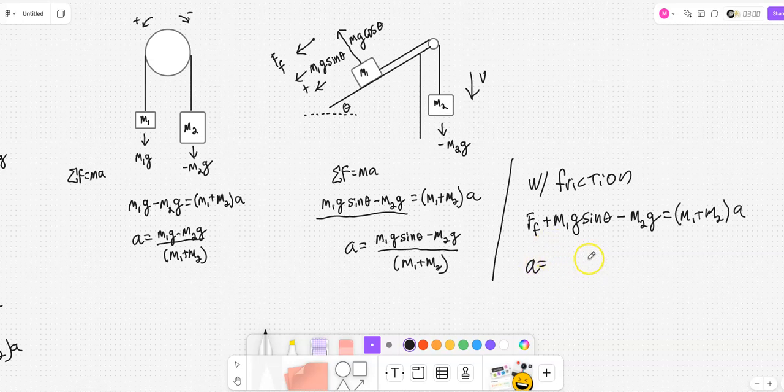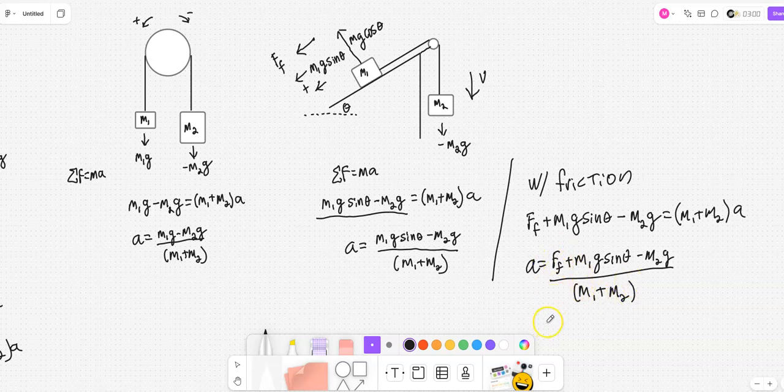If we wanted to actually get a number in here for this, I'm going to have to insert some numbers for this force of friction. The mass of the entire system.